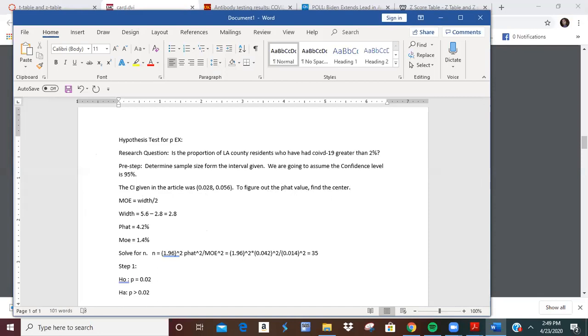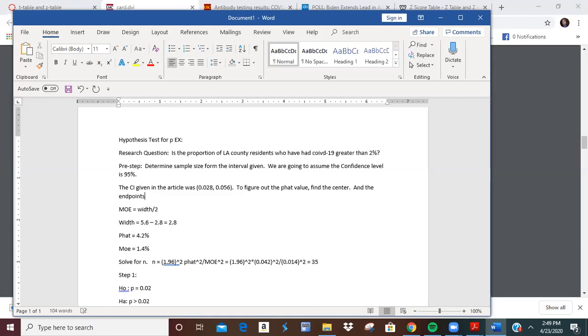To find the center, we add the endpoints together and divide by 2.